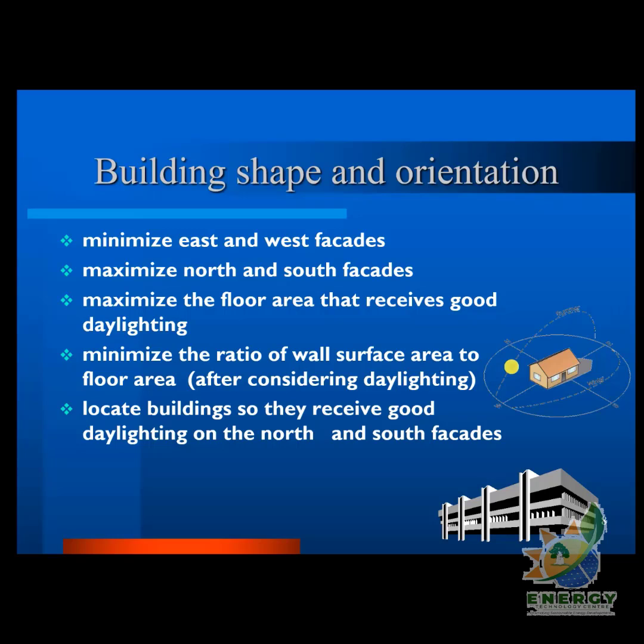And then you minimize the floor area that receives good daylight, and maximize the ratio of wall surface area to floor area. And also, as much as possible, locate the building so that it can receive daylight on the north and then the south side. So this is very, very important.